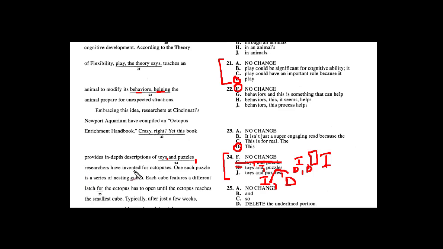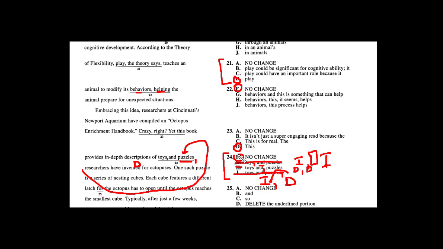Here, researchers have intended for octopuses, okay? That is a dependent clause, but whoa, wait a second. According to the theory on abandoned boxcars, that dependent clause should be a mini definition of the word right before it. Is that a mini definition of puzzles? No. There you have it. You see why abandoned boxcar is going to win in this particular case, 24F.